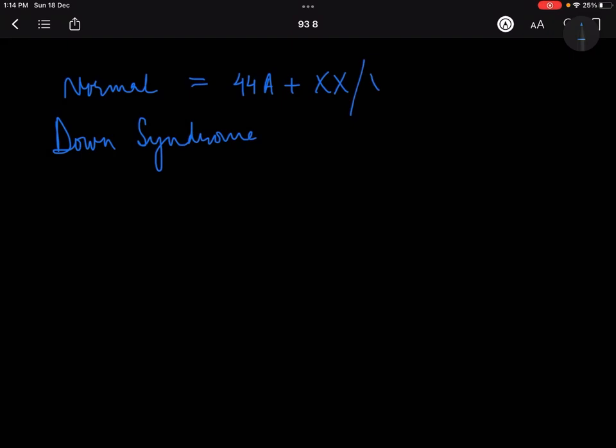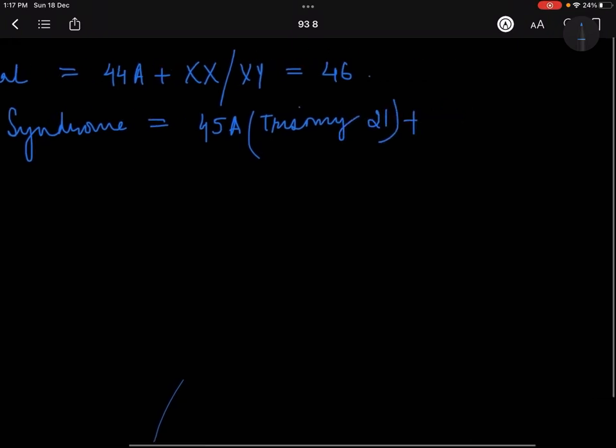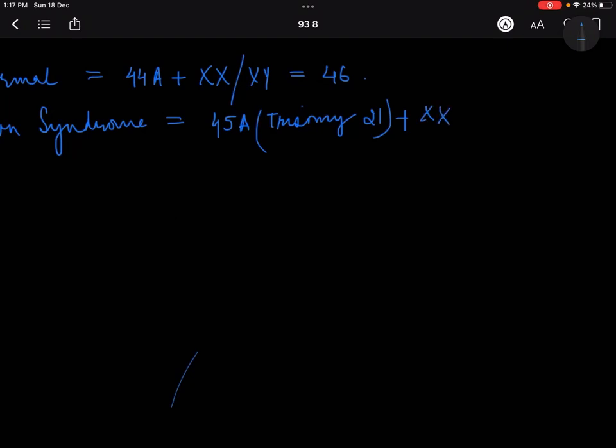जैसे हम कल लिख रहे थे for a Down syndrome child, पहले हम ऊपर नॉर्मल का लिख देते हैं, we'll just write the normal karyotype, which is 44 autosomal plus either XX or XY. ठीक है, this is the normal karyotype which makes it 46 chromosomes. ठीक है, in case of Down syndrome it would be 45 autosomal with trisomy 21, and either XX or XY.